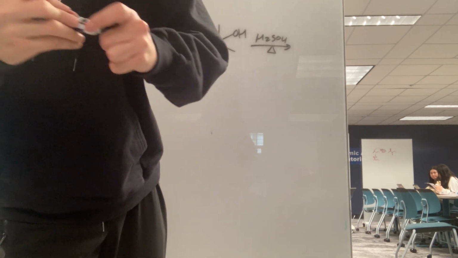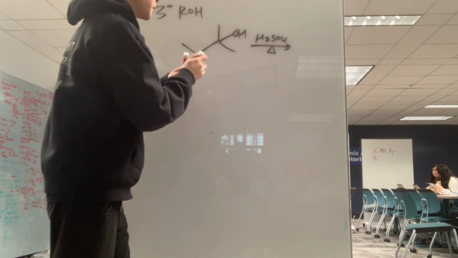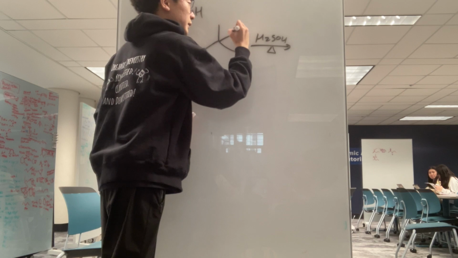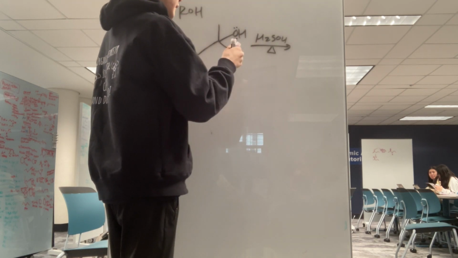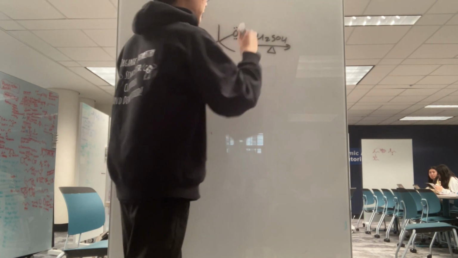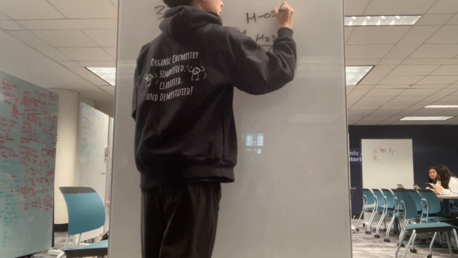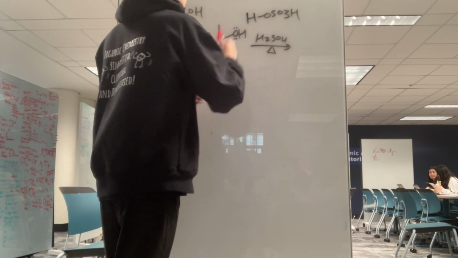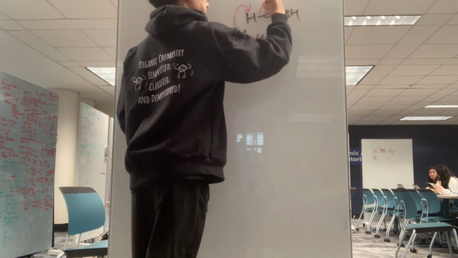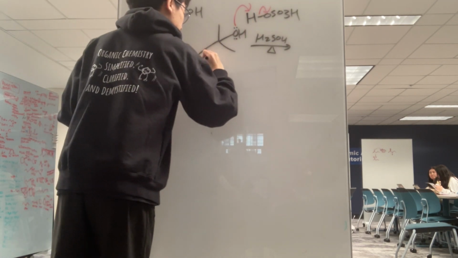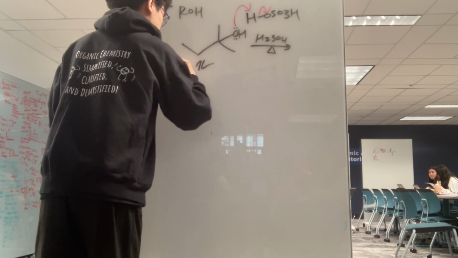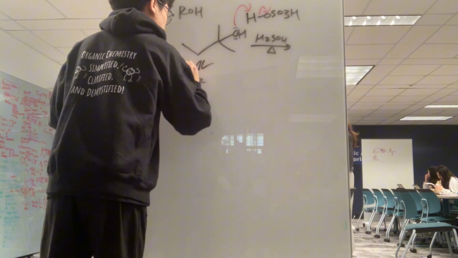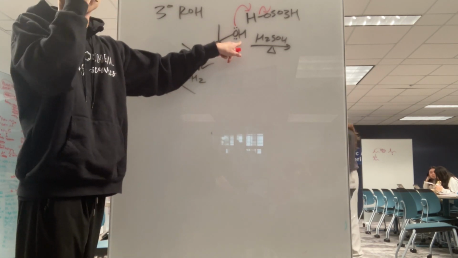Now, we have a strong acid, so the first step is to protonate this OH using the H2SO4. And that's gonna give us this right here. Before, this OH here is a bad leaving group.